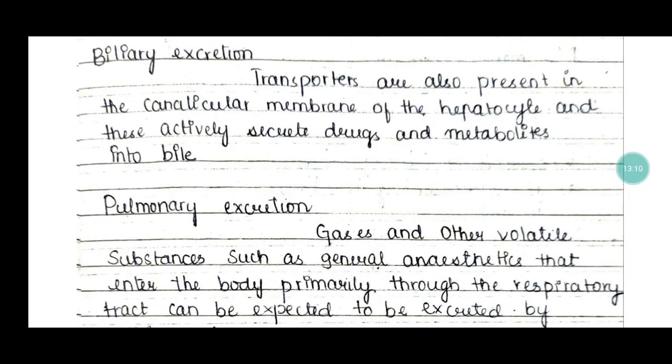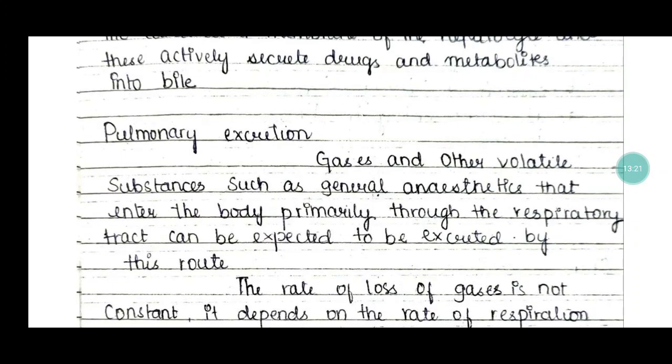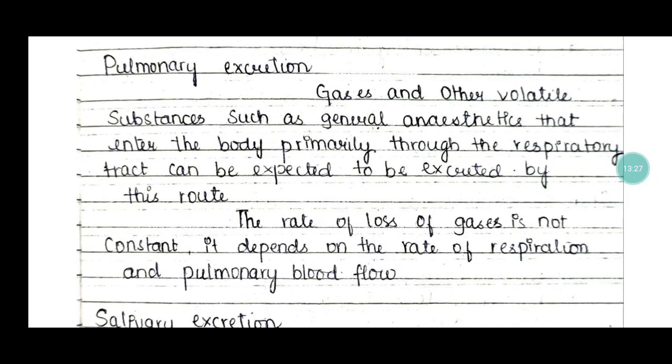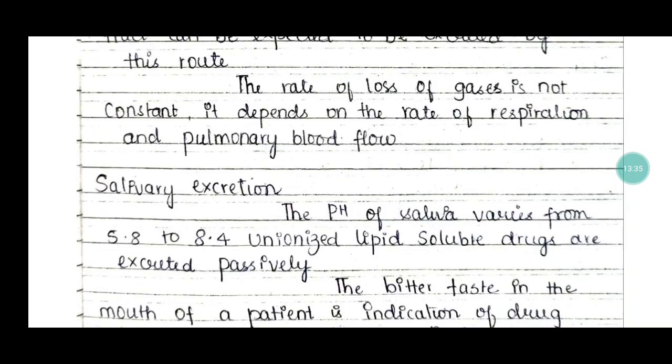From the lungs, gaseous and other volatile substances such as general anesthetics, which enter the body primarily through the respiratory tract, can be expected to be excreted by this route. The rate of loss of gases is not constant. It depends upon the rate of respiration and the pulmonary blood flow. Saliva: excretion through saliva.